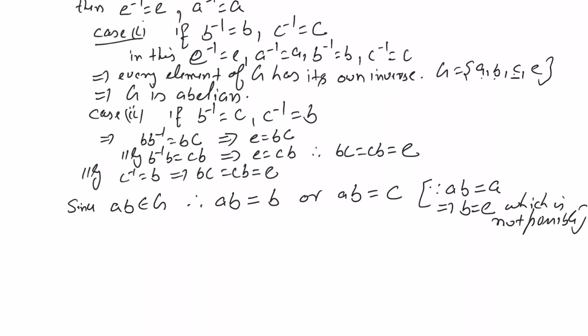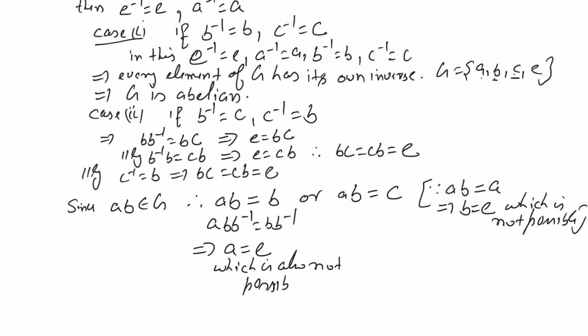So AB will either be equal to B or equal to C. Now if AB is equal to B, post-multiplying with B inverse, this implies that A is equal to E, which is also not possible. Therefore, AB is equal to C.